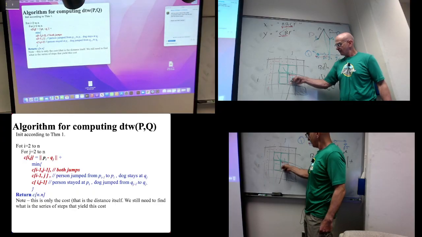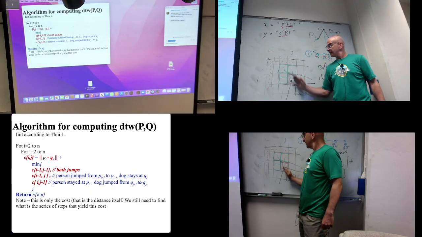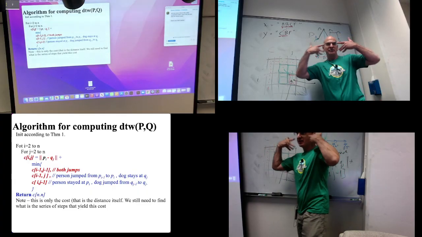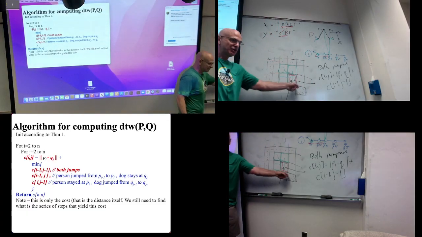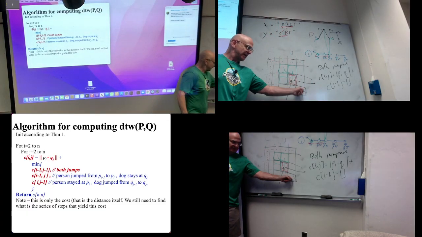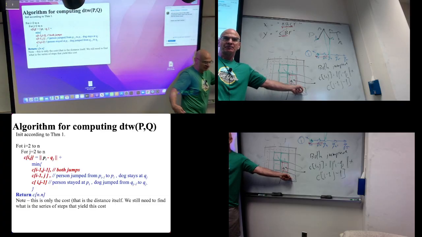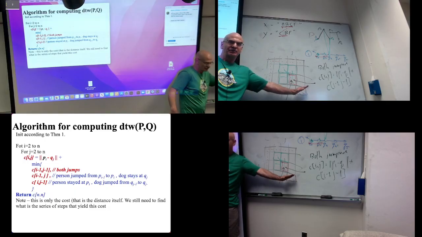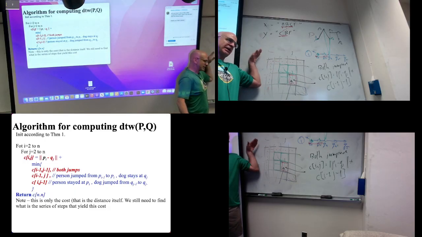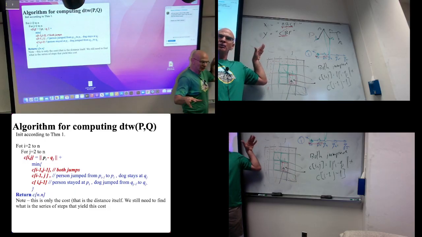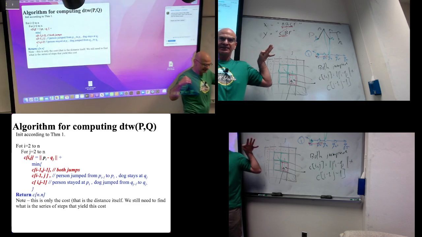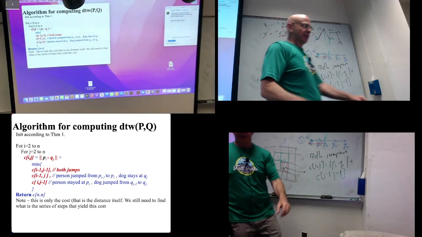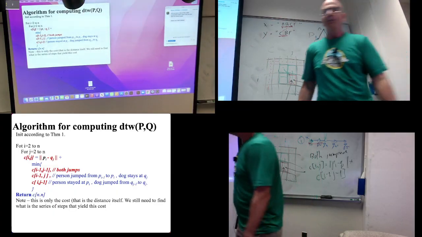I can trace back through the history, find exactly which i and j sequence leads me from this one to this one under the optimum schedule. So you first compute this matrix, and then you look at it backward. If you are not sure what I'm talking about, check what we did in the case of edit distance and LCS. Exactly the same process will allow us to recover the matching.